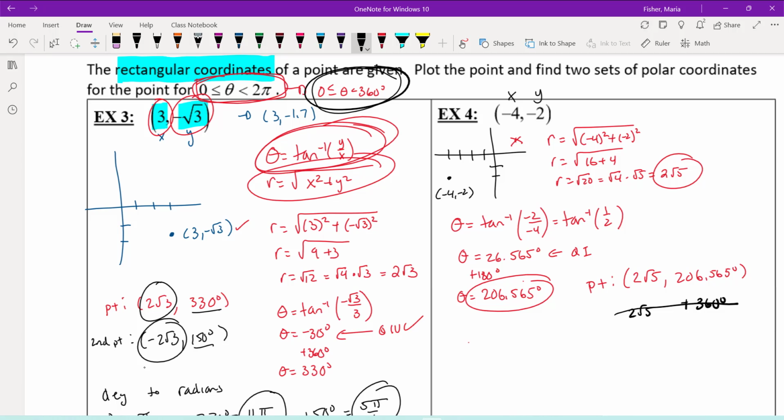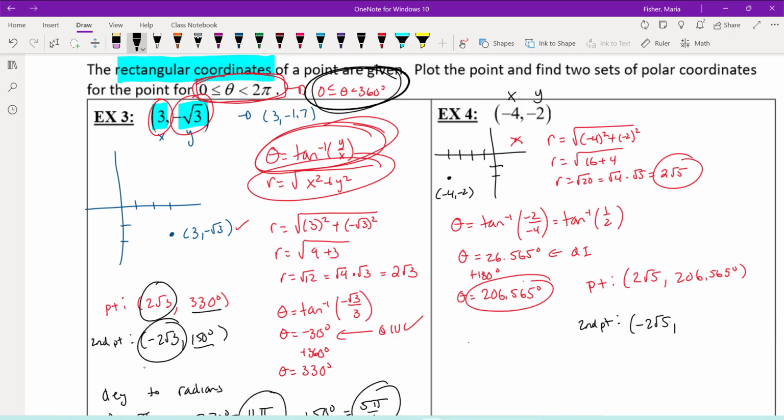R has to be the opposite. When r is opposite, making it negative in this case, we're going to be adding or subtracting 180 degrees because you have to be an odd integer multiple of pi, so like pi or 3 pi, 5 pi, things like that, or things like 180 and then 540, etc.